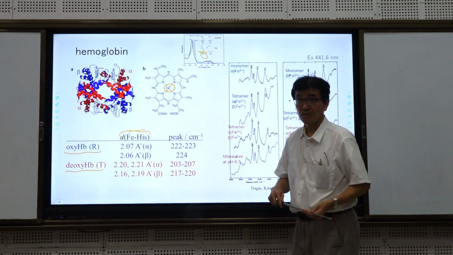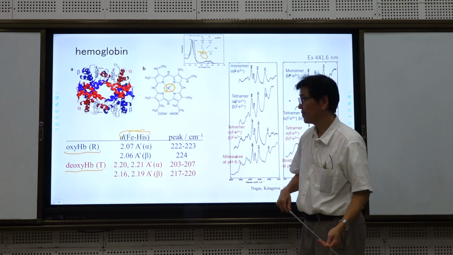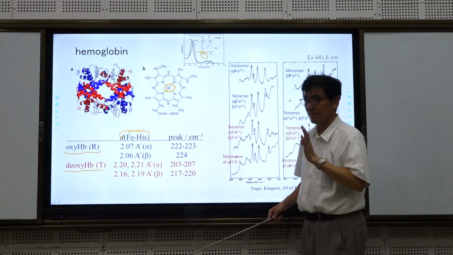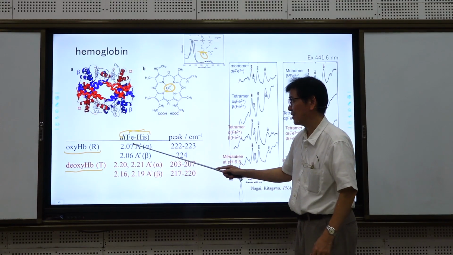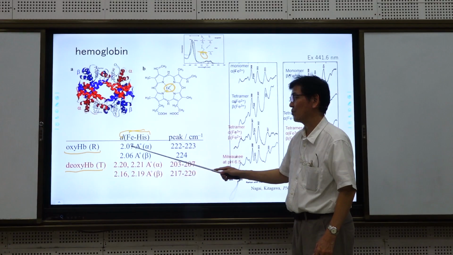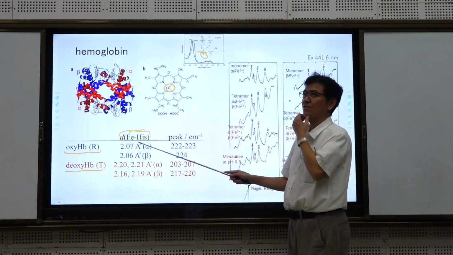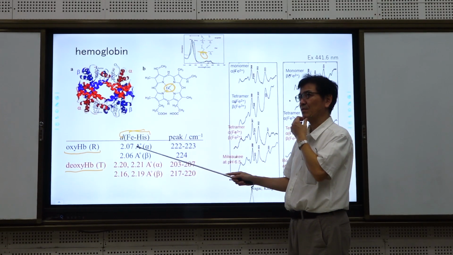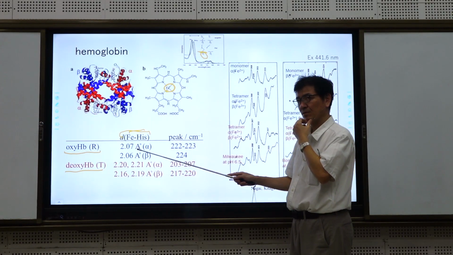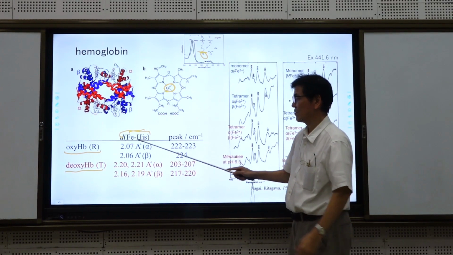Do you know what is the resolution of the X-ray crystallography? In principle, error should be on the order of 0.1, or a few years ago I checked it was 0.3 or 0.4.